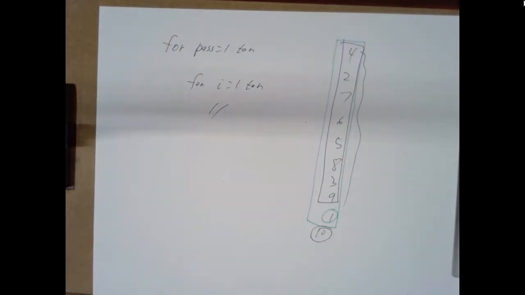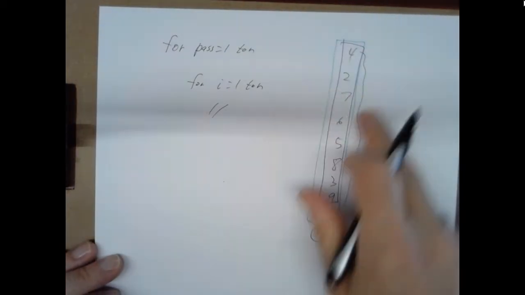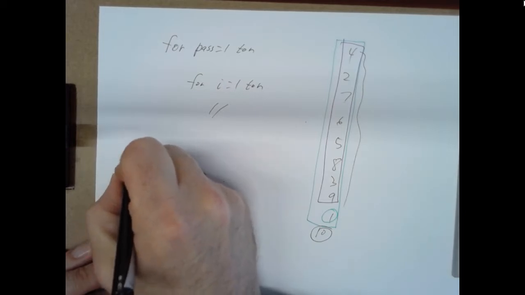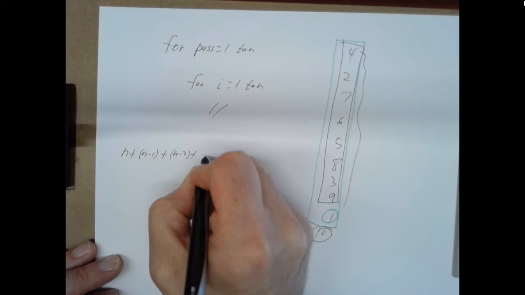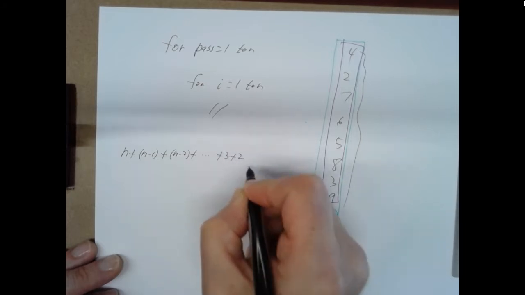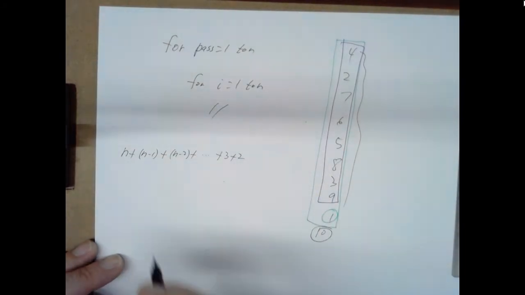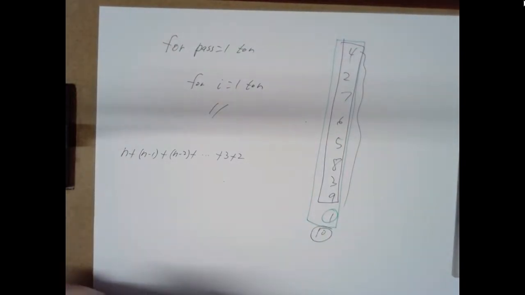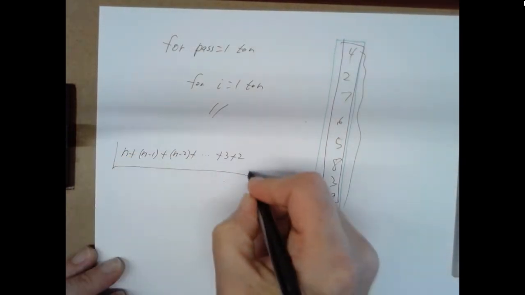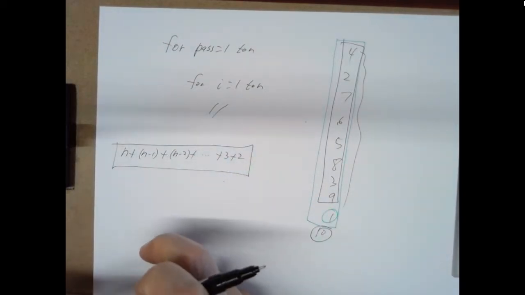So instead of n squared, if we use the smarter version, we're actually going to need this many operations on this inner pass, right? It slowly goes from n down to 2. And so the total number of operations require something like this.